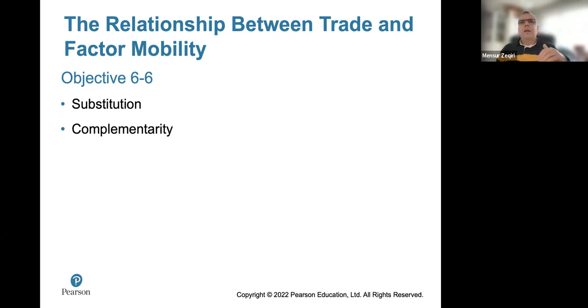On the other side, we have complementarity. Factor mobility, mainly through foreign investment, often stimulates trade because of the need for components that the countries have. Also, it helps the parent company's ability to sell complementary products, because of the need for equipment for subsidiaries.